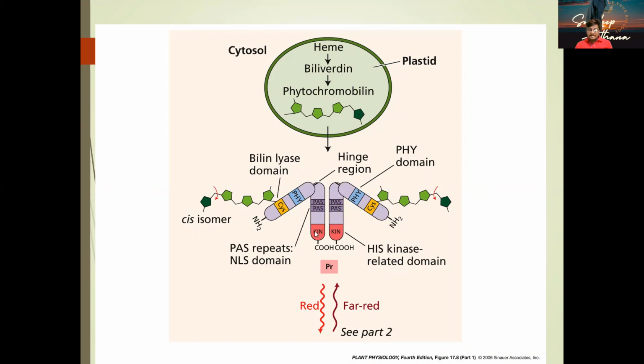They have different domains, said to be histidine kinase, or it could be serine-threonine kinases. There's a lot of discussion over it, but for the time being, we'll just take it. So we have the two forms, you can see over here, the cis and the trans, and they convert from one form into the other, and this is the phi domain of it.